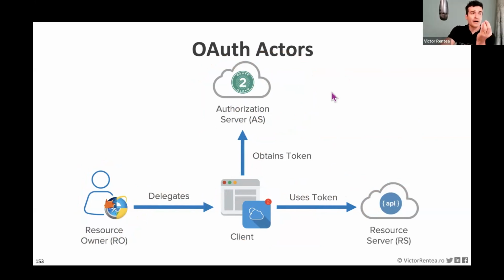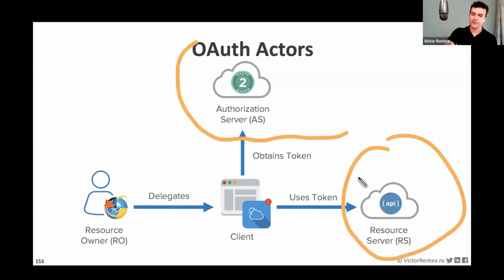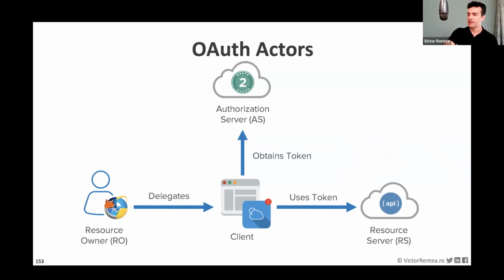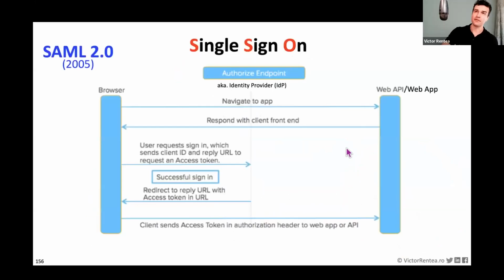Now, this idea to basically separate the login part from the calls to other servers is not new. OAuth didn't bring this idea. This idea came, as far as I know, initially introduced on a large scale by SAML in 2005 with their famous WebSSO.